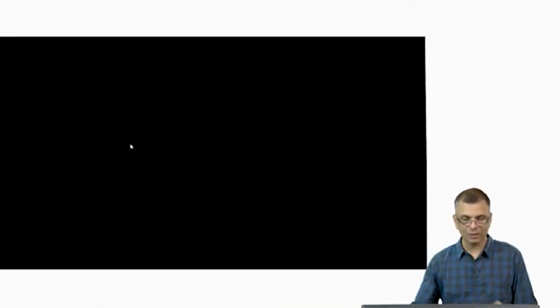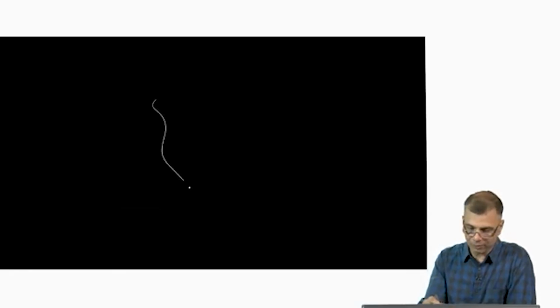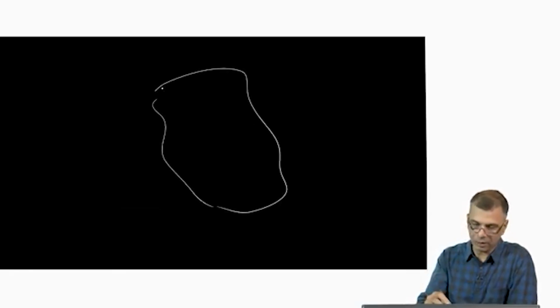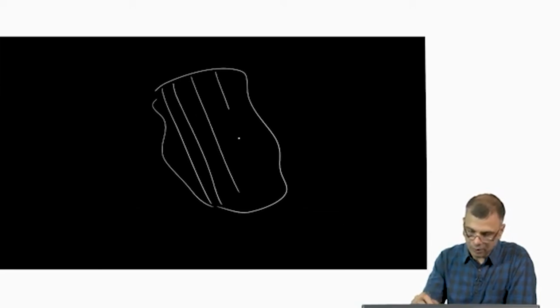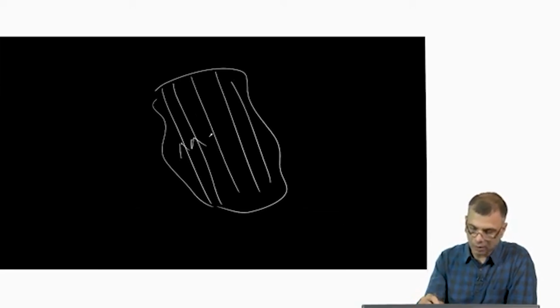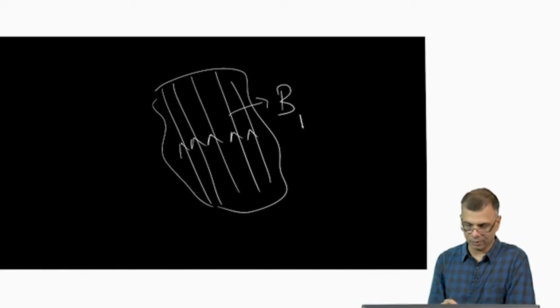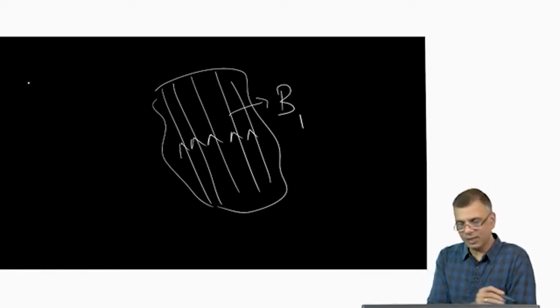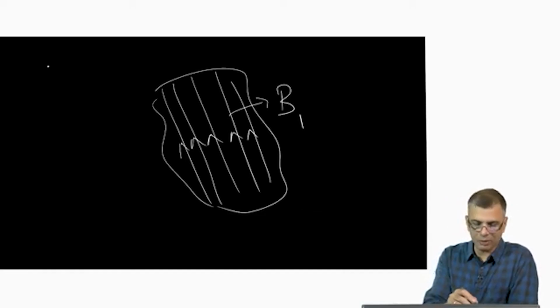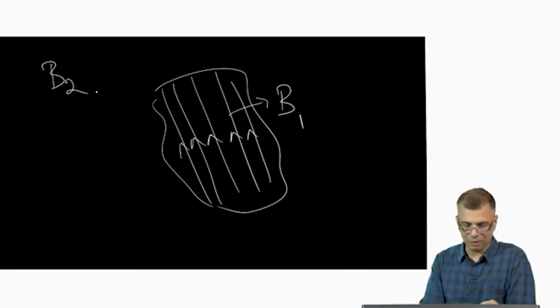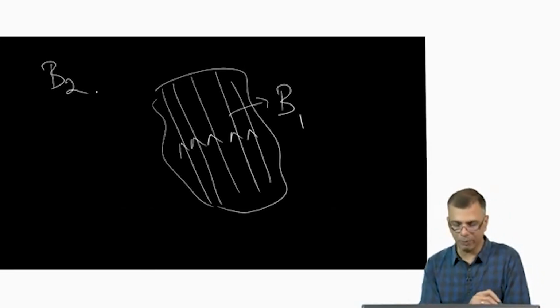Something like this. Suppose you have a magnetic flux bundle, and here you have some B1, and outside, say the medium instead of being unmagnetized, let it have another magnetic field B2.